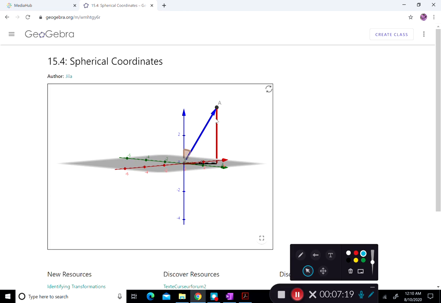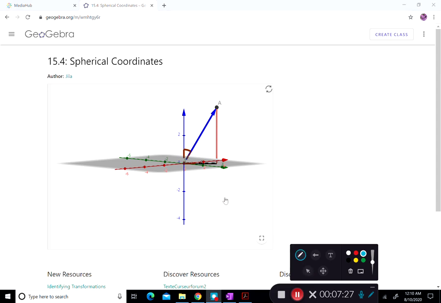Phi is that angle, but it is also the angle up here between blue and red. So z is going to be rho cosine phi.